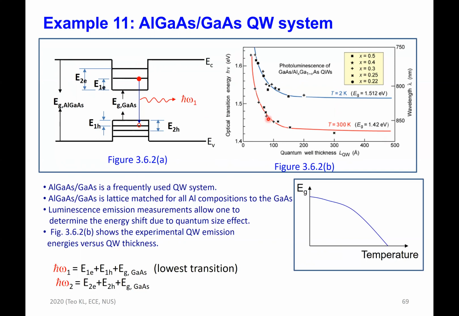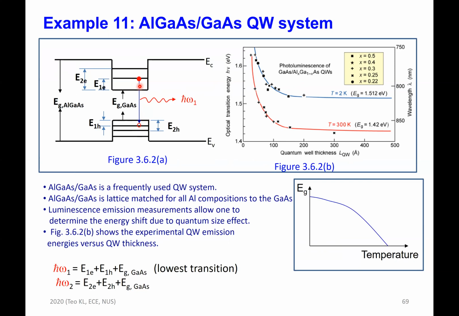The optical transition energy, similarly for absorption, goes from n equals 1 to n equals 1. If you absorb energy, you excite the electron from here to here, and you leave a hole behind. If the electron and hole recombine, you give up this photon energy. So this is the optical transition energy.